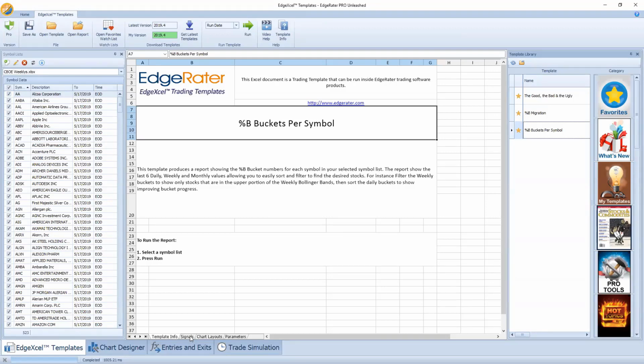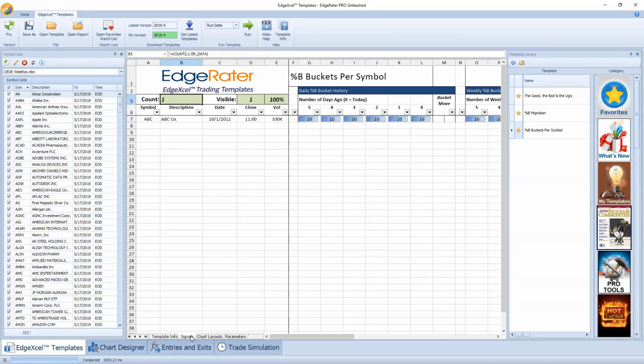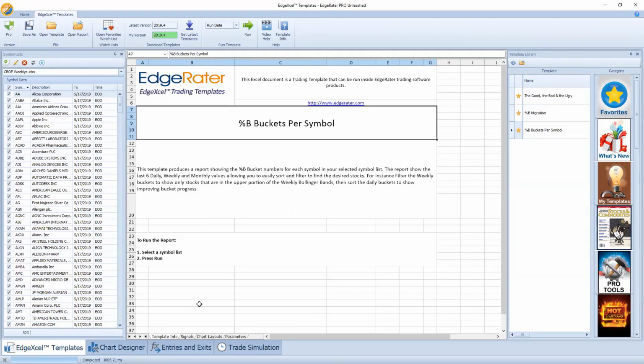In order to use a different period for Bollinger Bands, you have to jump through a little hoop, which is to find the template in your Edge Club folder under Edge Rater, Documents, Edge Rater, Edge Club System.